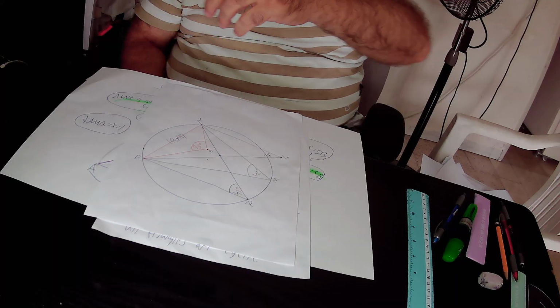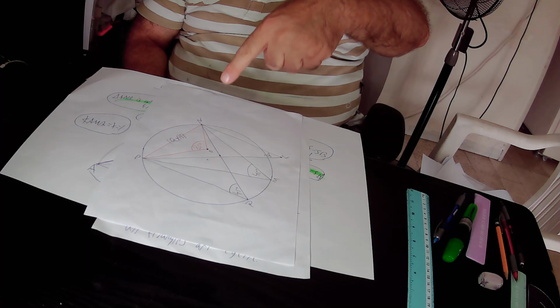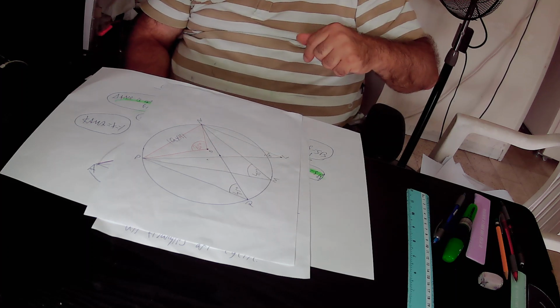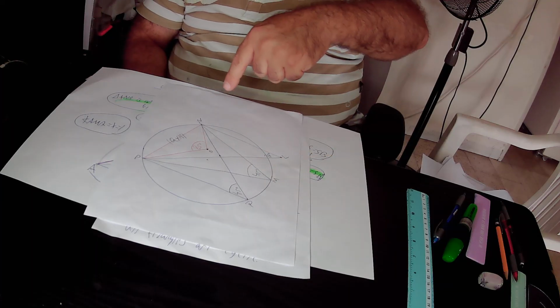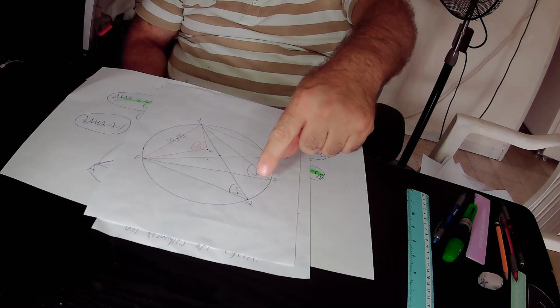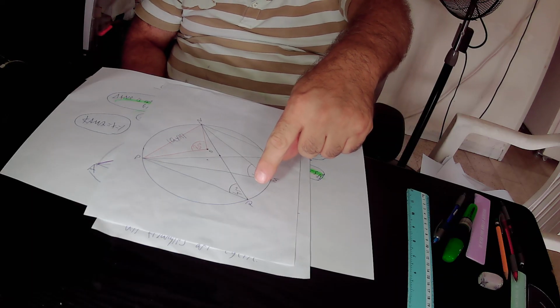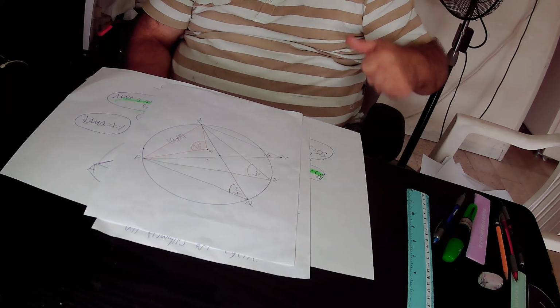Here also peripheral angle NMP equals 45 degrees inside, and it subtends on the same chord NP. You can see that the vertices of those two peripheral angles both lie on the circle.